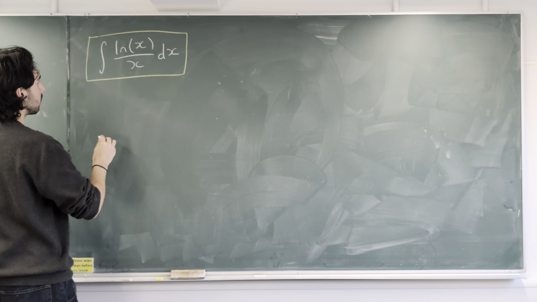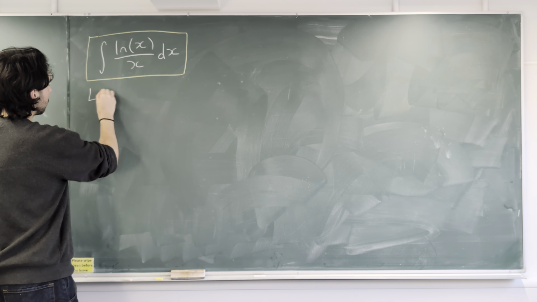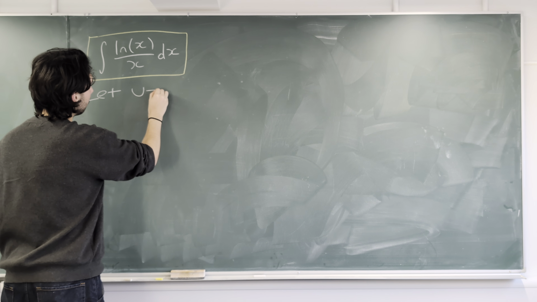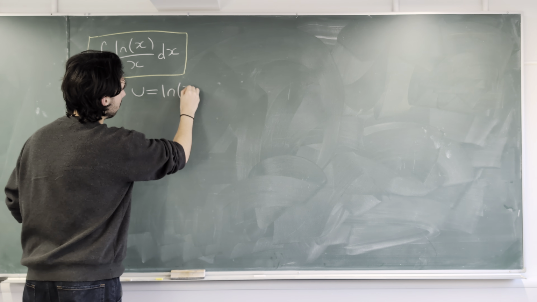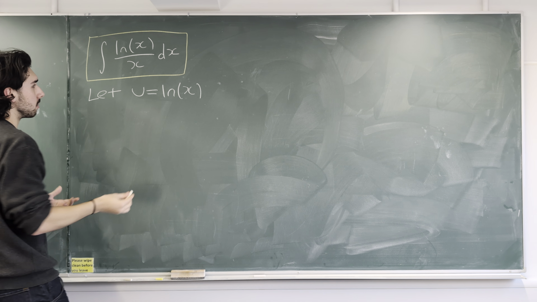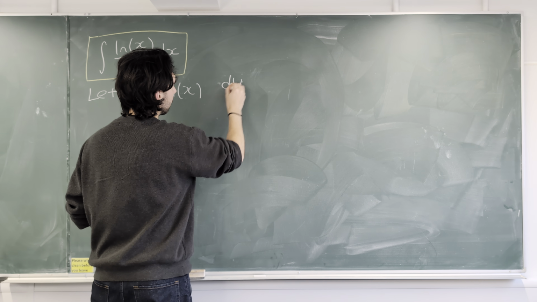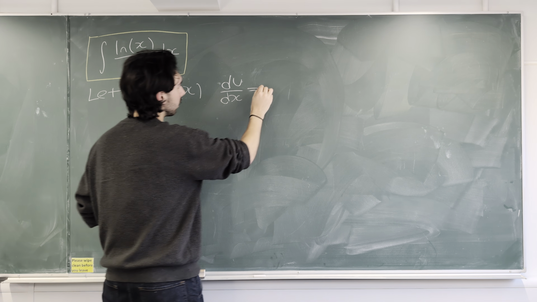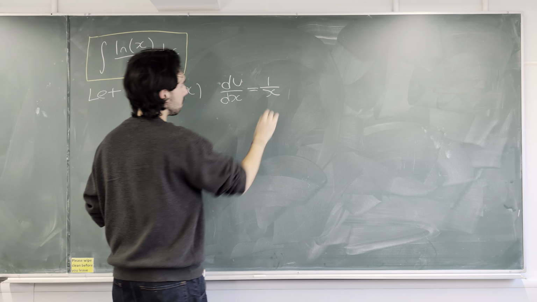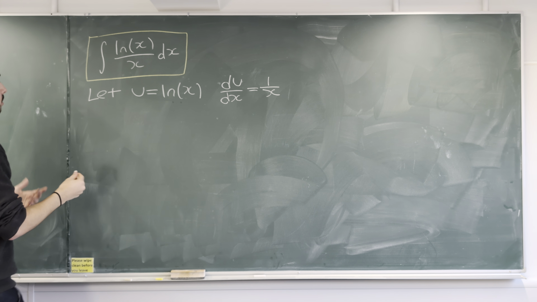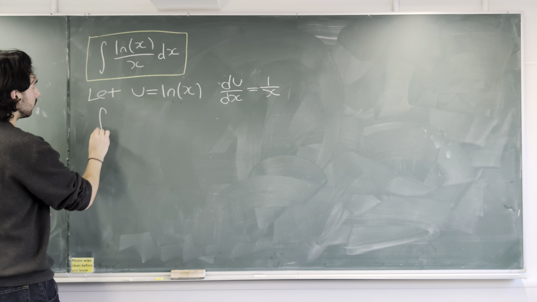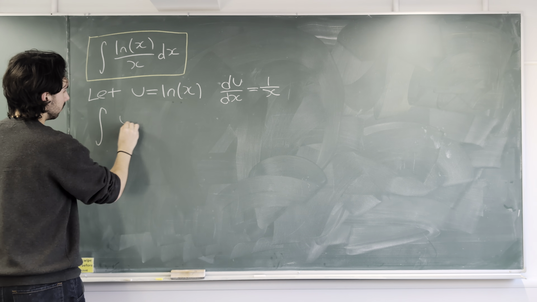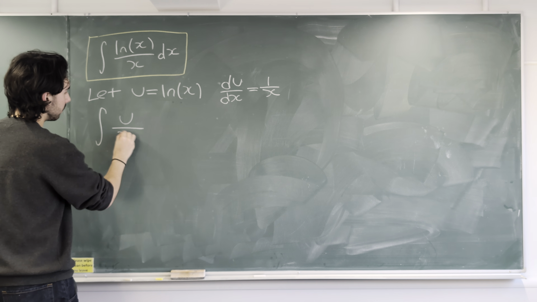So if we do this by substitution, maybe we should let u equal the natural log of x. That seems to be pretty sensible. We can then get that du/dx is the derivative of the natural log of x, which is 1 over x. So if we rewrite the integral, the natural log of x is u, divided by x.